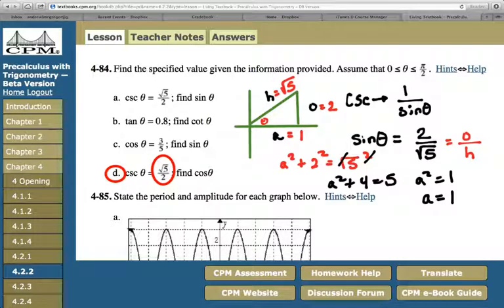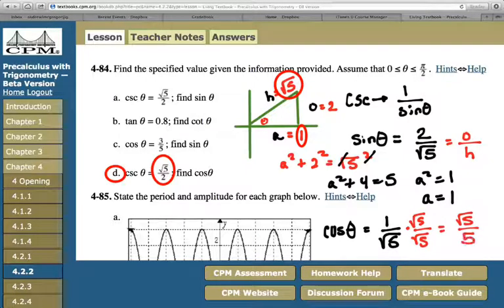And now it wants us to find cosine, which is adjacent over hypotenuse, 1 over rad 5. The problem with cosine of theta being 1 over rad 5 is you have a radical in the denominator, so we need to rationalize it. Multiply by rad 5 over rad 5, which will give you rad 5 over 5. That will be your cosine.